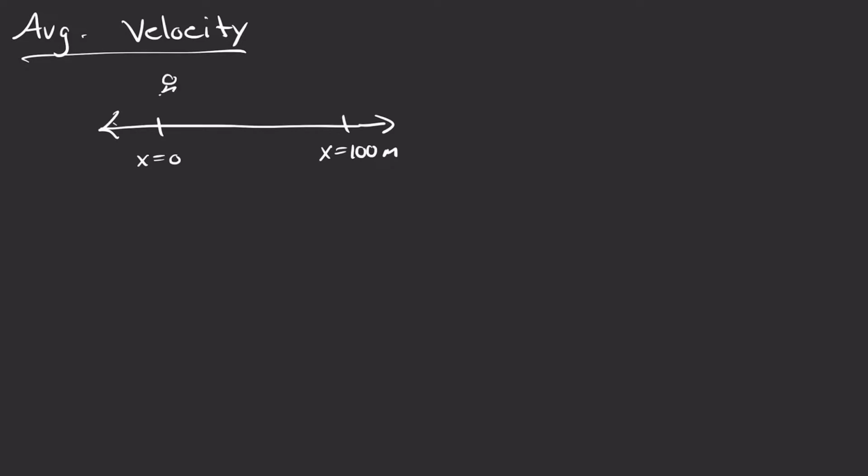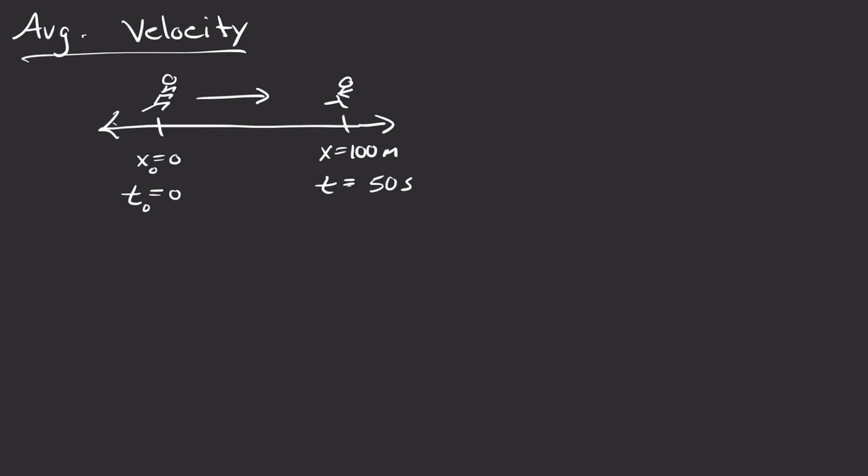So we have somebody running, starting at x equals 0, and they go to x equals 100 meters, but now we need some time information, so maybe they start here at time equals 0, and then they're at x equals 100 meters when time equals 50 seconds. So this would be our x naught and our t naught.